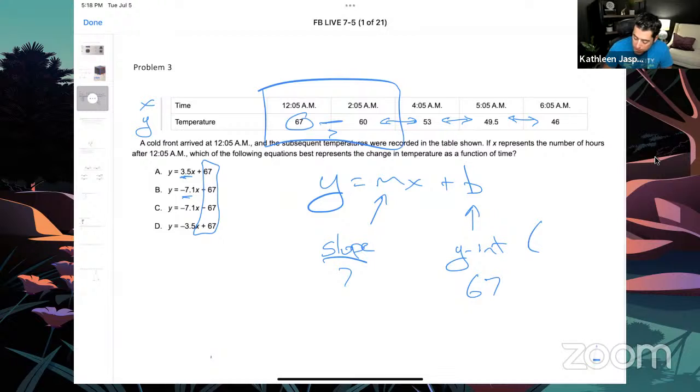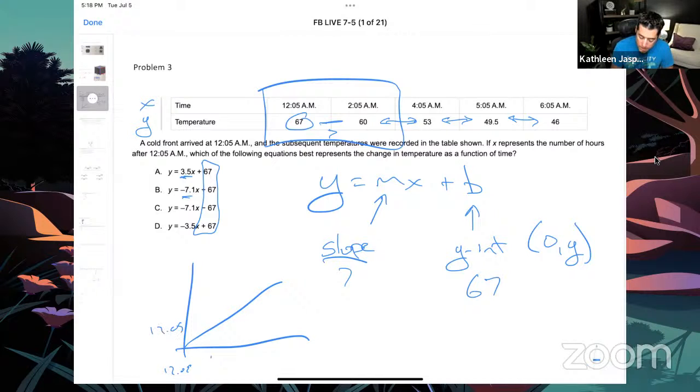Y-intercept is when X is at 0 and your Y is your point. So on a graph, our time 0 is like 12:05. And then it would go up every whatever. Or I'm sorry, 12:05 would be here. But it doesn't matter.